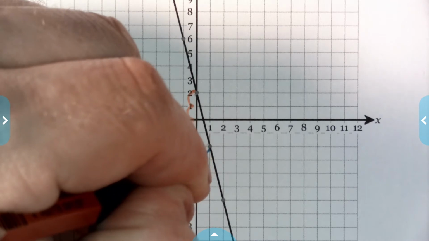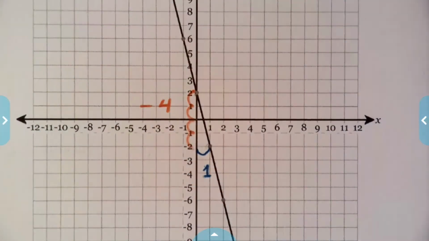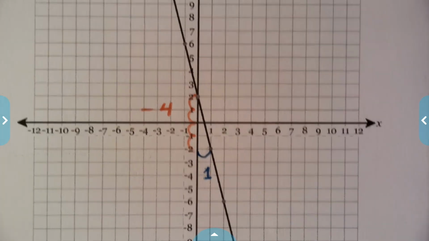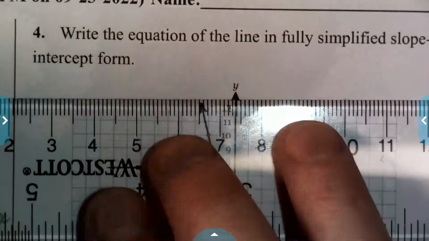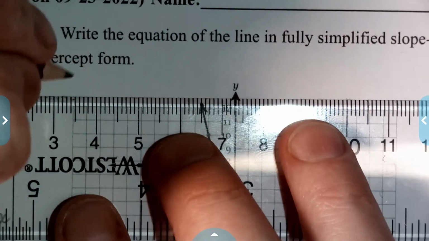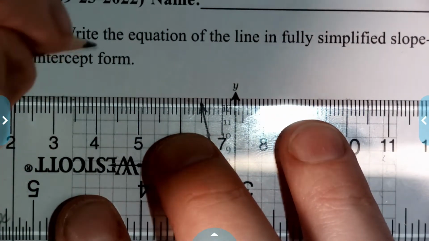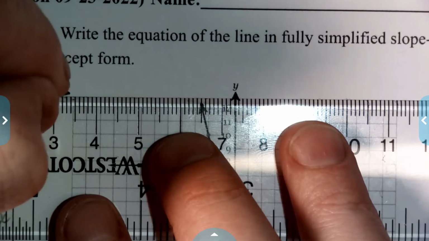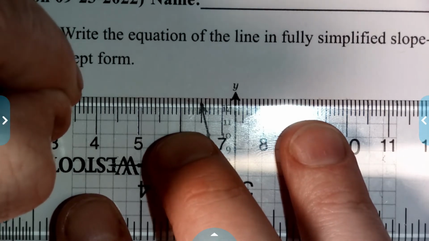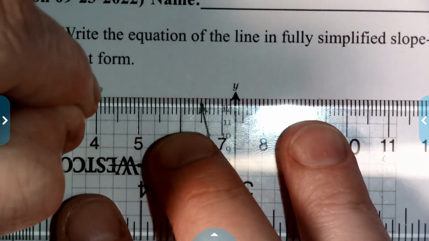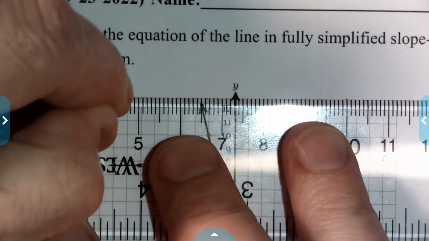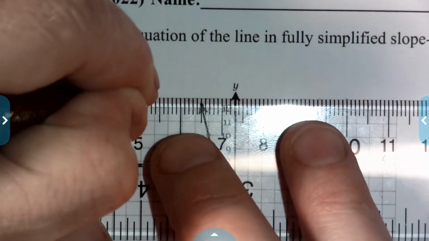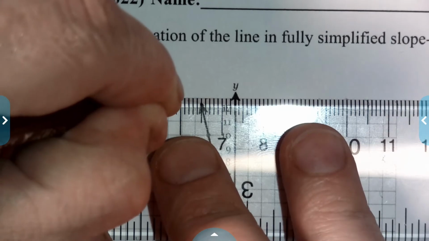Okay. And so my slope would be -4 over 1, or just -4. And we'll write that here. The slope m is -4.